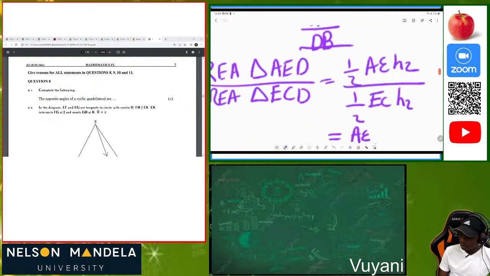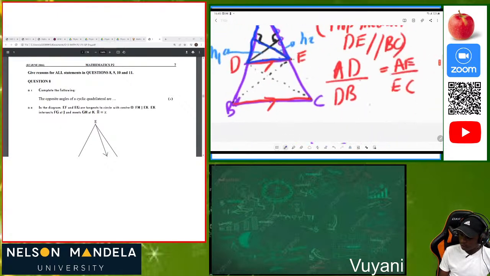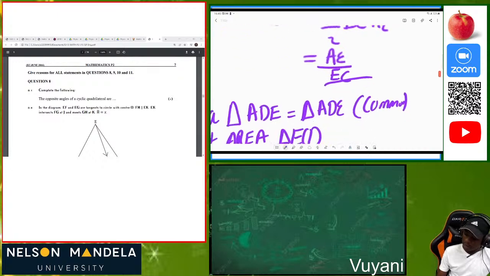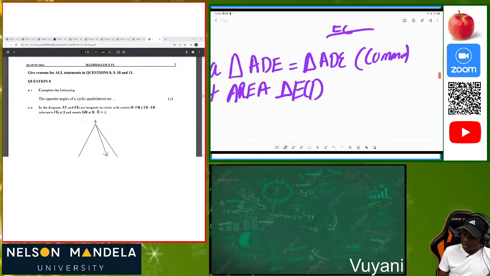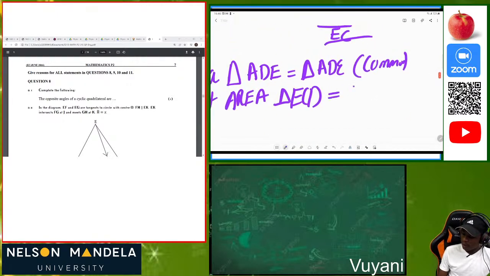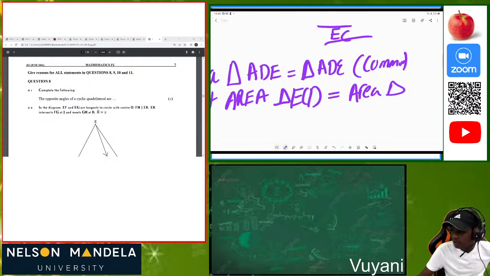Wait, can I just double check something, please? Okay, the area of triangle ECD is equal to the area of triangle. I'll just check something first.